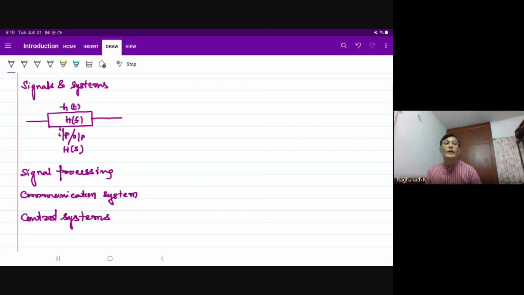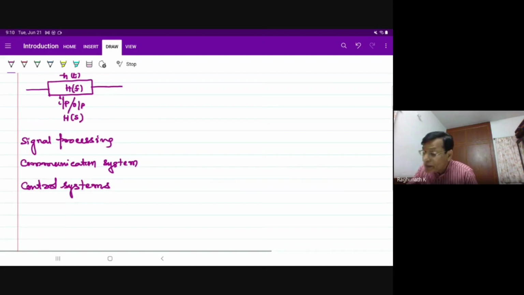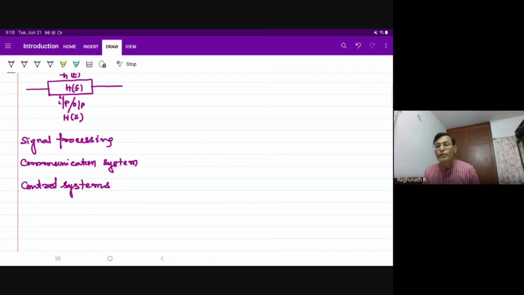But what we give is, having represented the system as a single block or an interconnected system of blocks, interconnected in a specific way for a specific application, we give only the required mathematical representation of that particular system in these subjects.